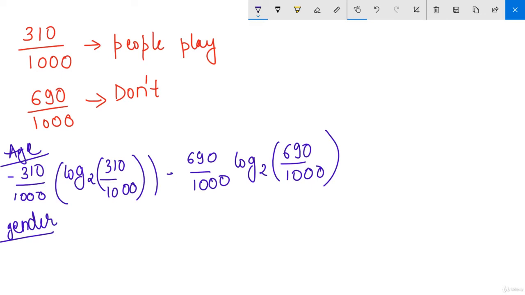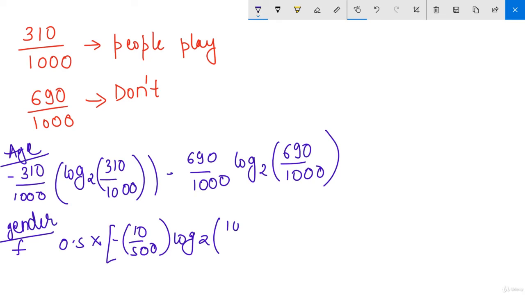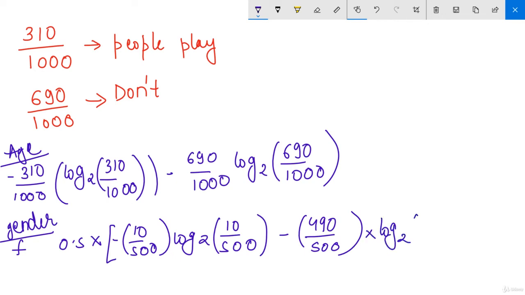So for gender, for females, you have to do 0.5 into 10 by 500 log 2 10 by 500, minus 490 by 500 into log 2 490 by 500. This is how you put the values in this formula. I hope you are getting what I'm trying to say.